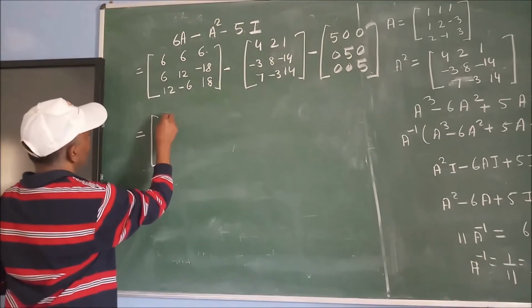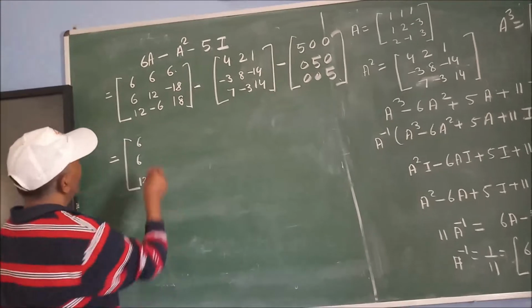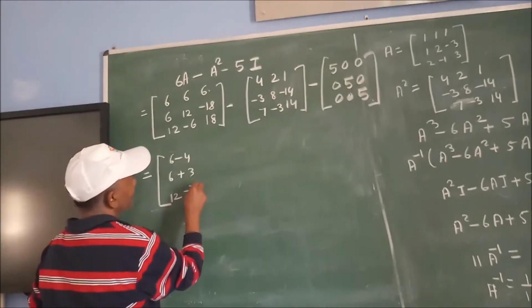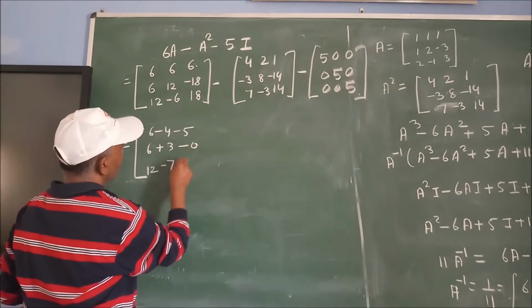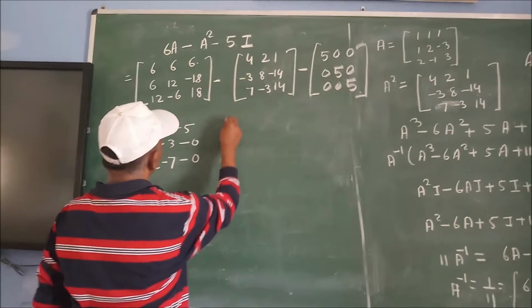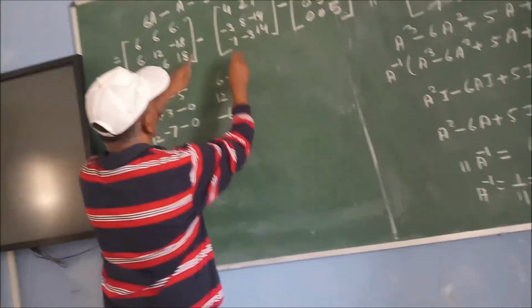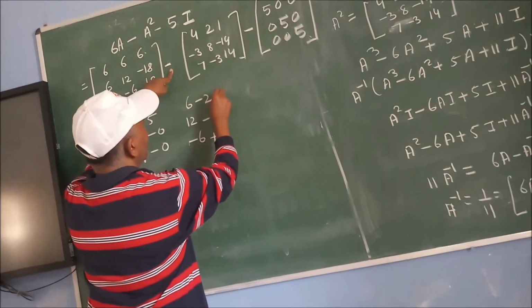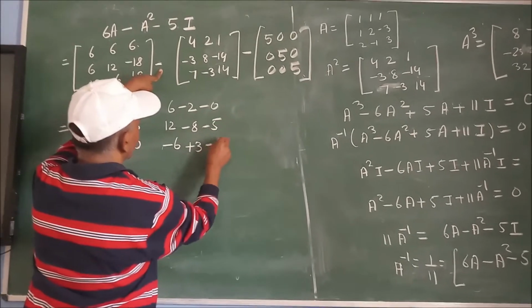So this will equal to, first write, C1, 6, 6, 12. And again minus 4, plus 3, minus 7. Again there C1 will be minus 5, minus 0, minus 0. Here 6, 12, minus 6, minus 2, minus 8, plus 3, and here will be minus 0, minus 5, minus 0.